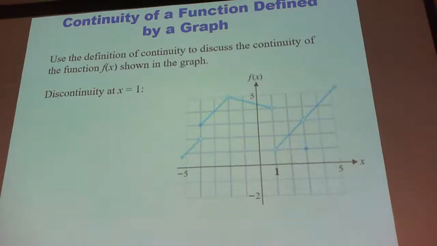Do the same thing at 1. See if you can figure out what the symbols look like. I'll show you in a minute. But what will the symbols look like? It's the same thing.